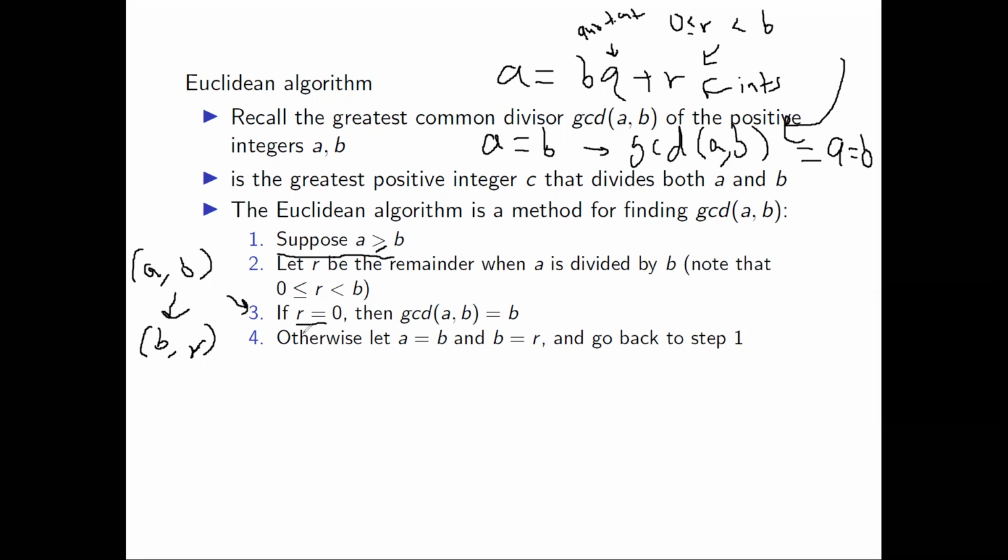So if we manage to get to step 4, then A didn't equal B. So in this case, the B is going to be less than A, and the R is going to be less than B. That is by definition of remainder.